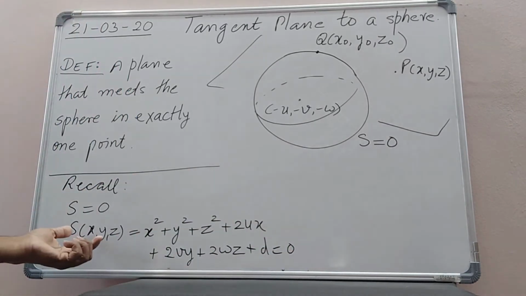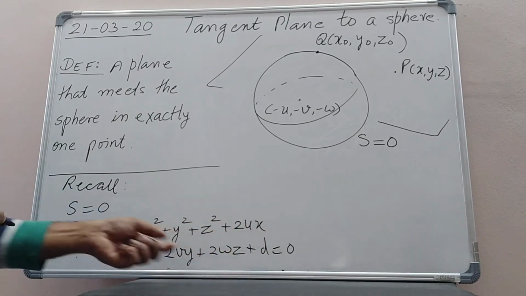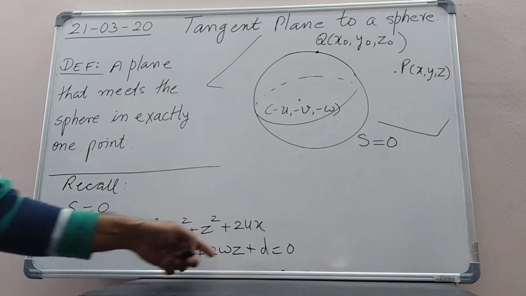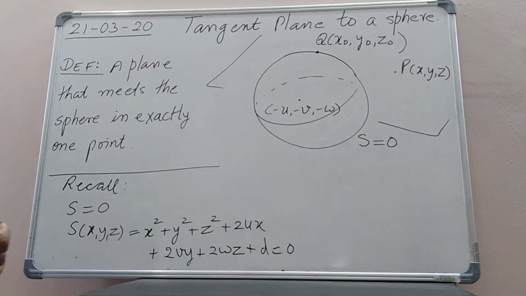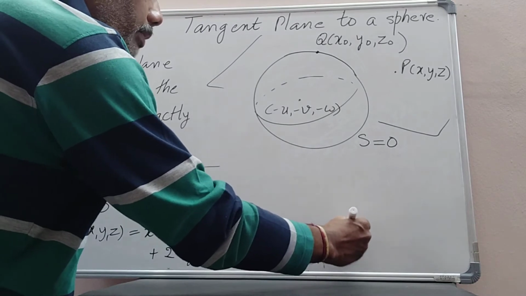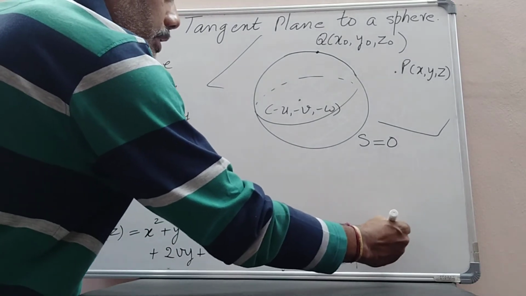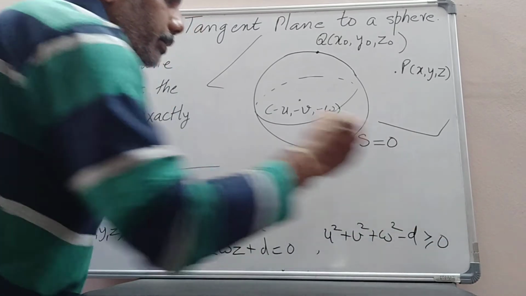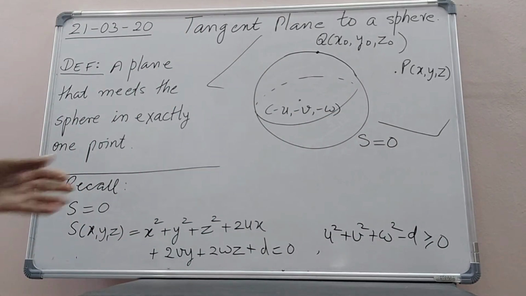So if I say S of x, y, z equal to 0, I'm referring to this sphere. And this object is a sphere if it satisfies a certain condition. And the condition was u square plus v square plus w square minus d should be greater than or equal to 0. So we assume all these things.